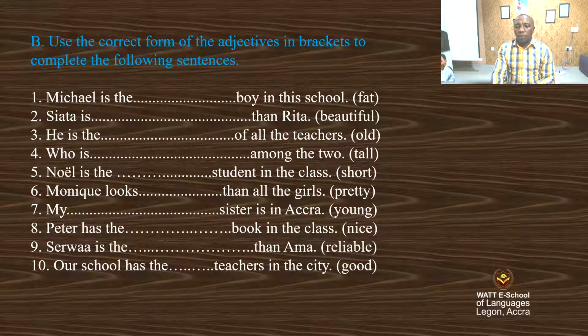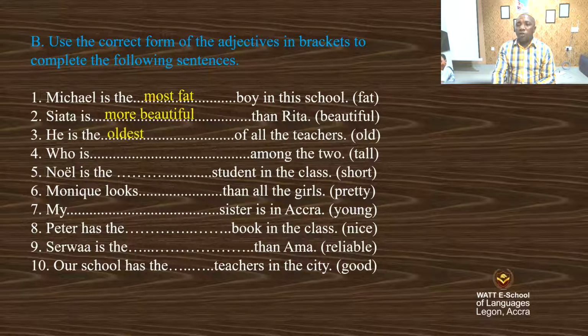Now, number one, Makia is the most fat boy in the class, in this school. Siata is more beautiful than Rita. He is the oldest of all the teachers. Who is the tallest among the two?